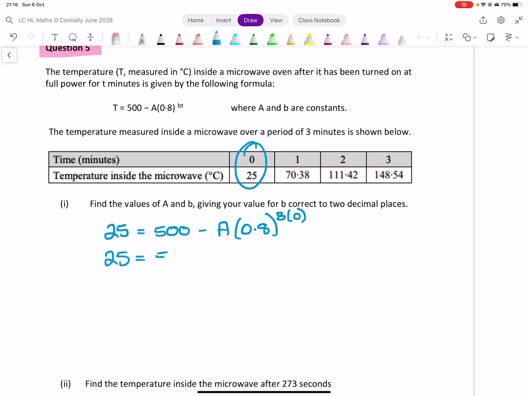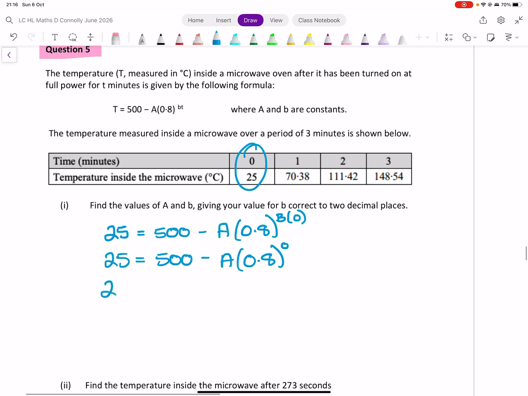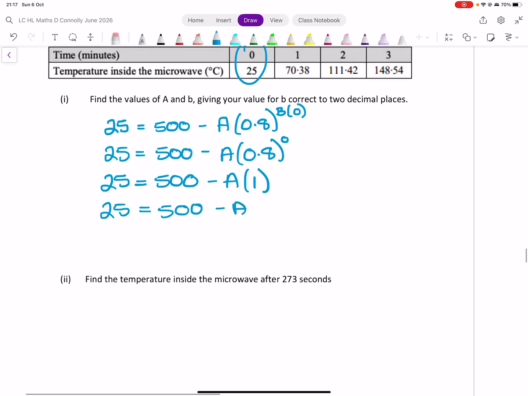So 25 equals 500 minus a times 0.8 to the power of 0, because b times 0 is 0. Anything raised to the power of 0 is 1. So 25 equals 500 minus a.